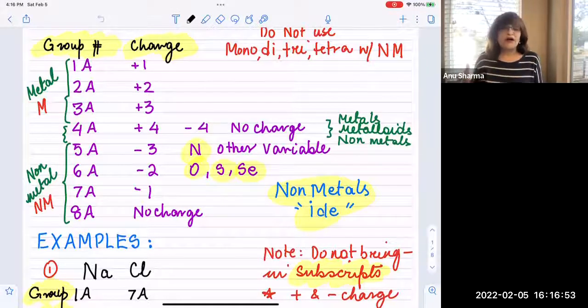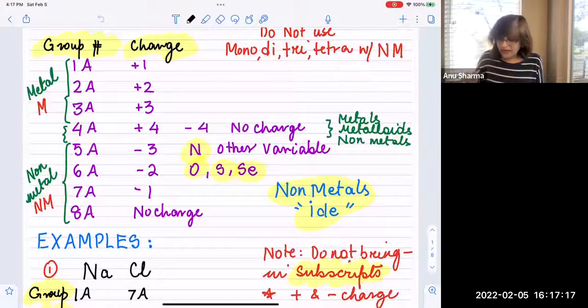And of course, there are the post-transition elements, which are metals, and the metalloids are also present on the non-metallic side, which is on the right-hand side of the periodic table. And these are also the p block elements. Groups 1 and 2 contain the majority of metals.